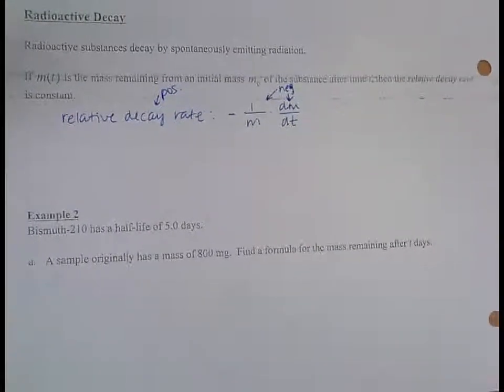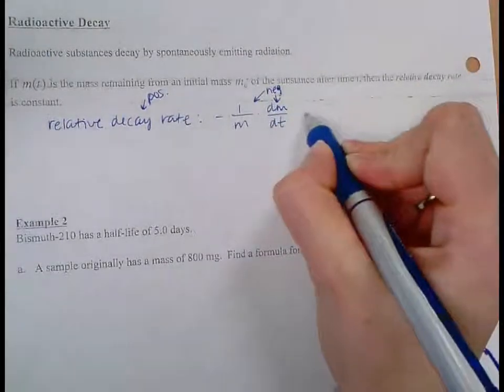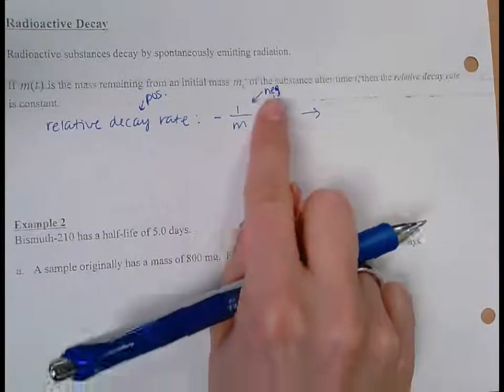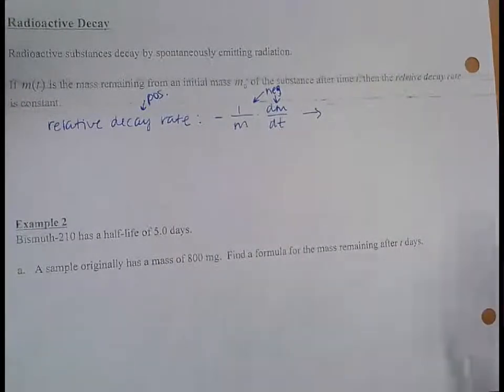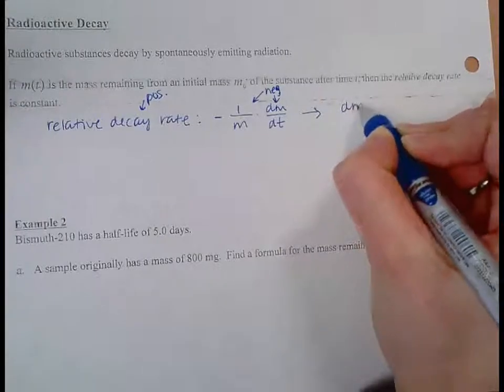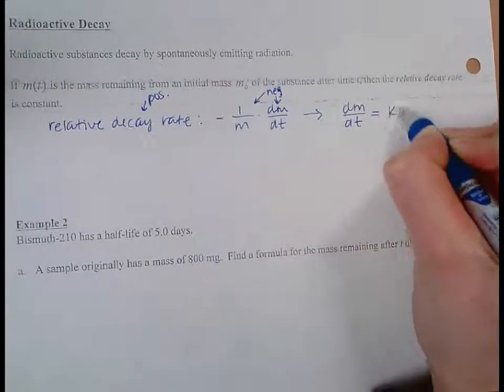This is kind of just putting it together to show why we have a similar setup. If I actually set this equal to some constant k, then I could rearrange it to have this differential equation: dm dt is equal to k times m.